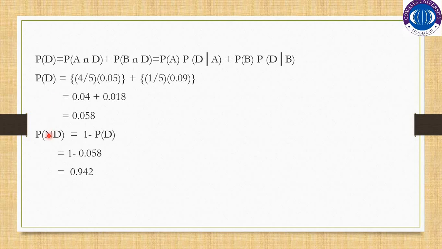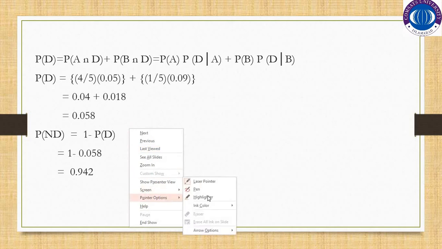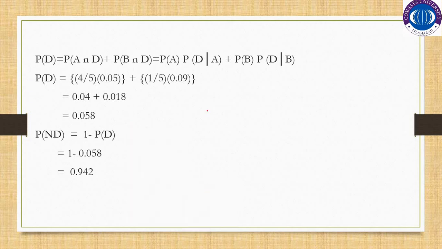Now let us represent the non-defective part by ND. The scenario has two possibilities: either the defective part will come or the non-defective part will come. We have only two possible options.